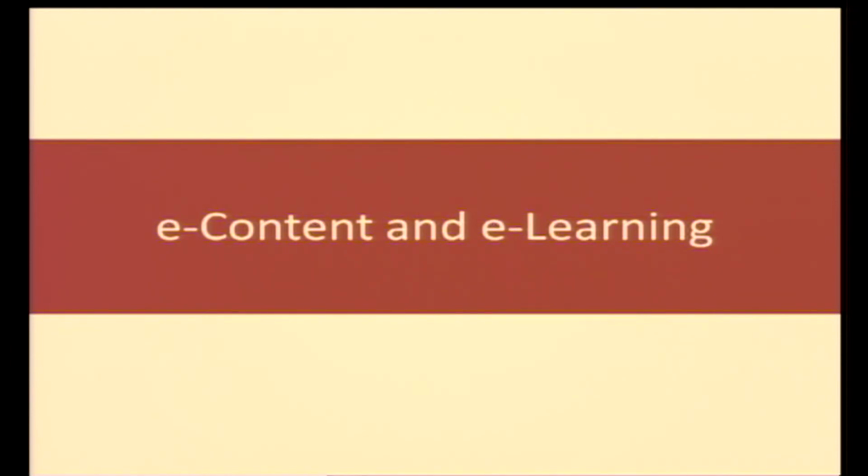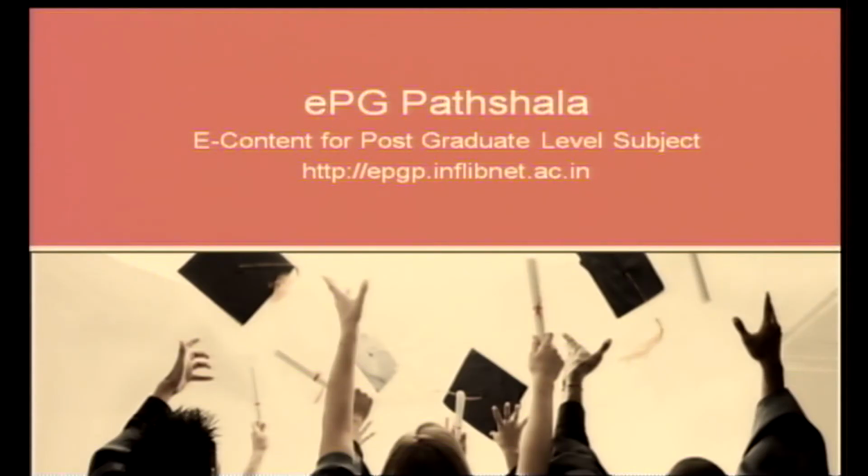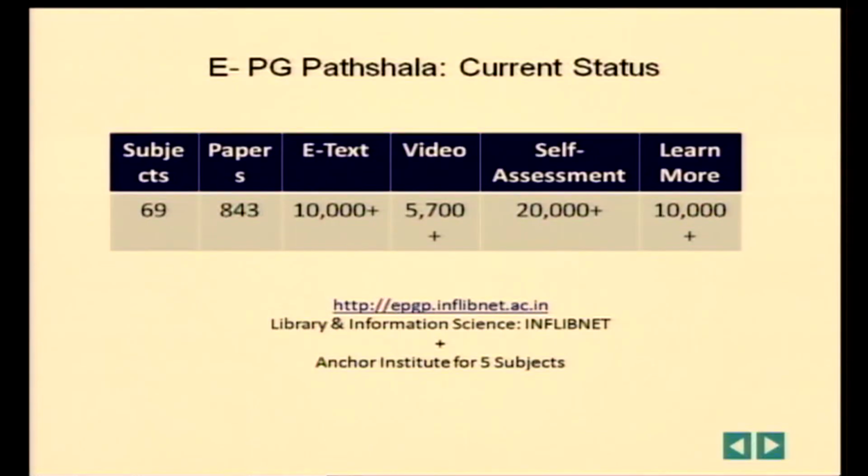I will now be talking about e-content and e-learning initiatives taken by the INFLIBNET Centre. EPG Pathshala, like I mentioned in my gist, is a platform where content is being created in 77 subjects. Library and information science is one of the subjects where we have created more than 500 modules, and all of them are available in EPG Pathshala.